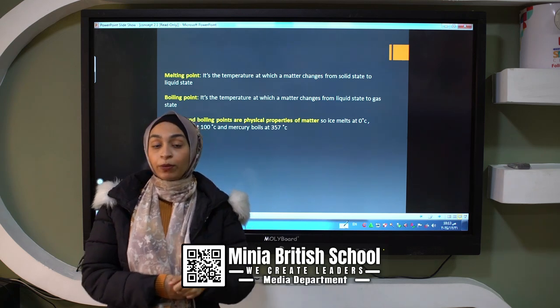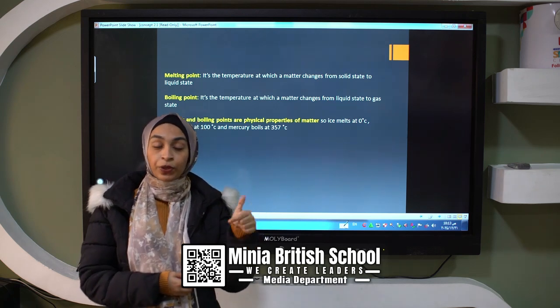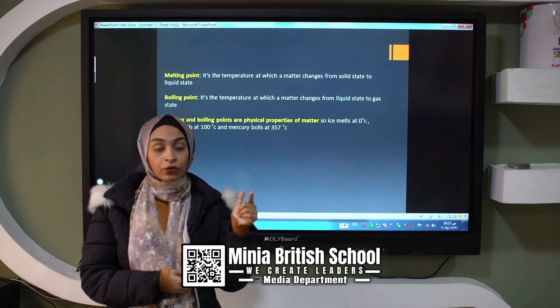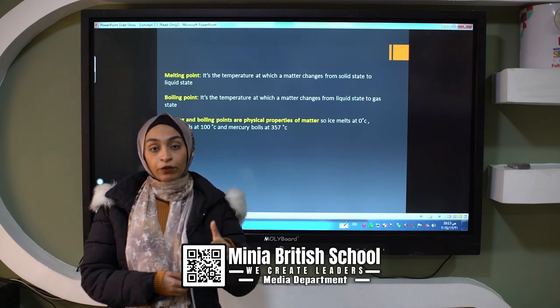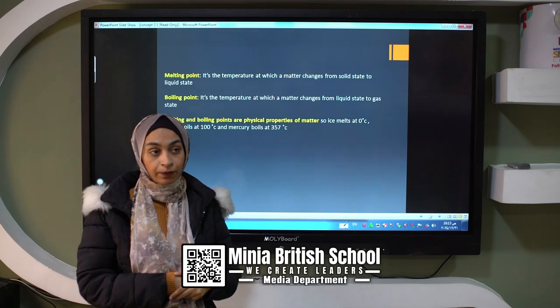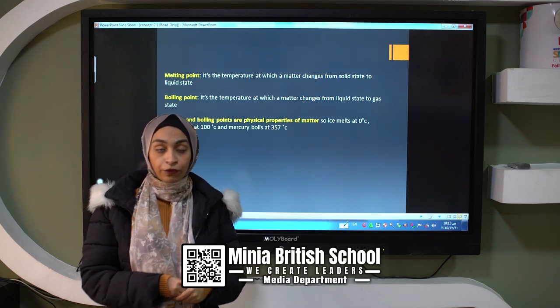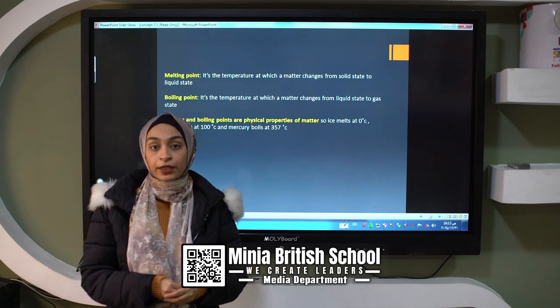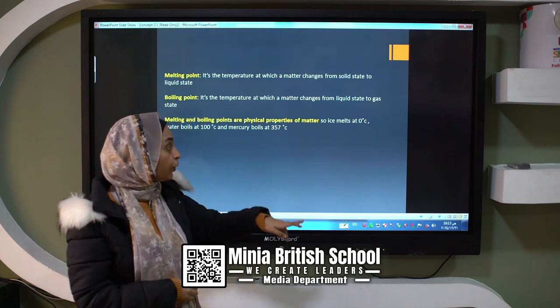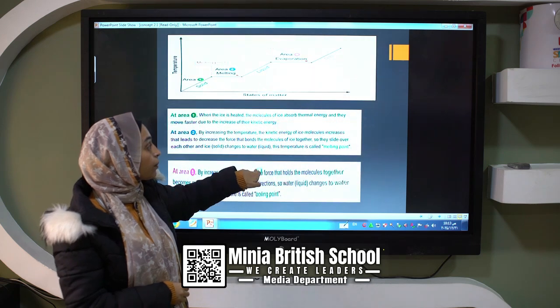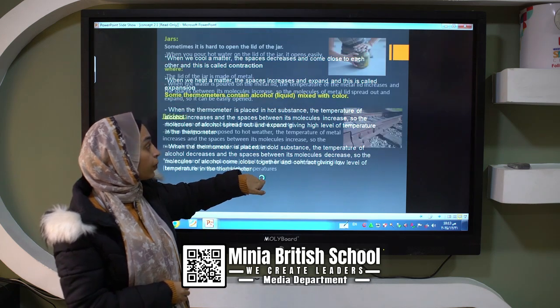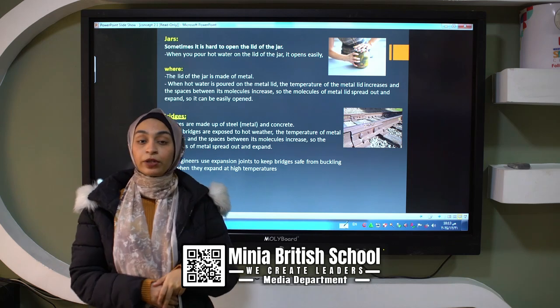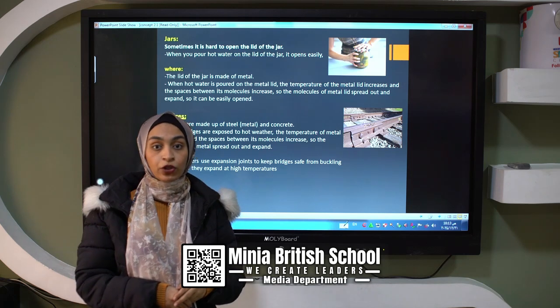Don't forget that the melting point of ice is 0, the boiling point of water is 100, and the boiling point of mercury is 357. The measuring unit of temperature is degrees Celsius, while the measuring unit of heat is called the calorie. Then we end this concept with two processes, which are expansion and contraction.